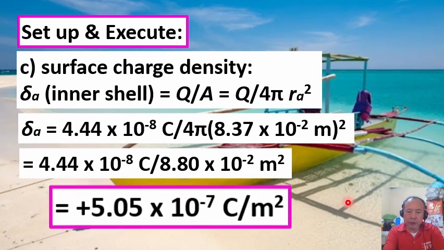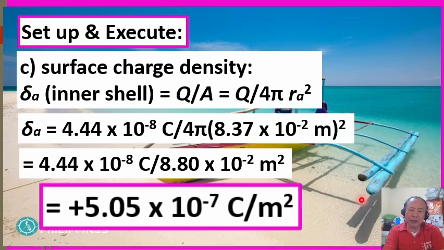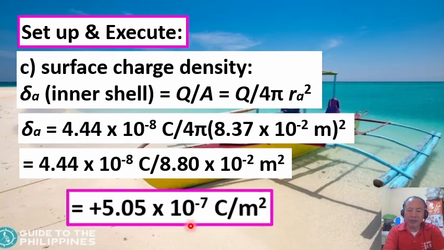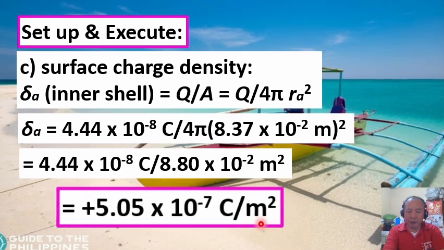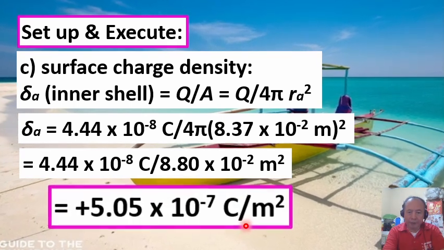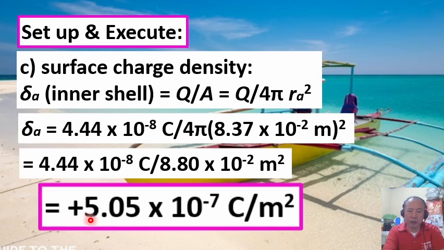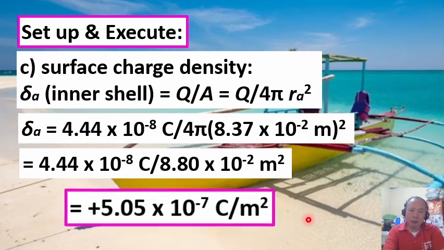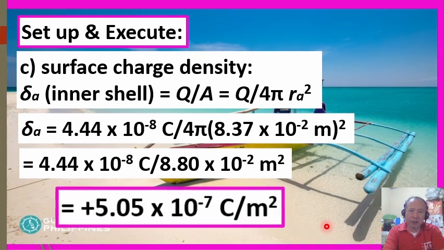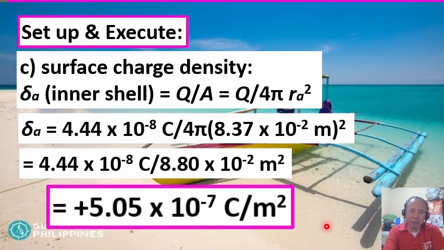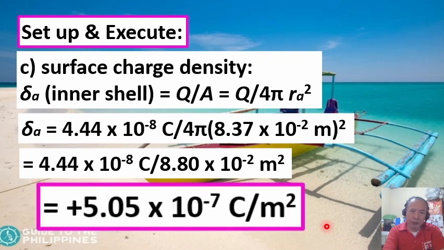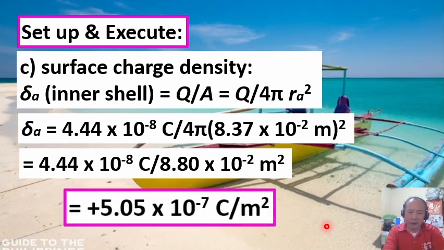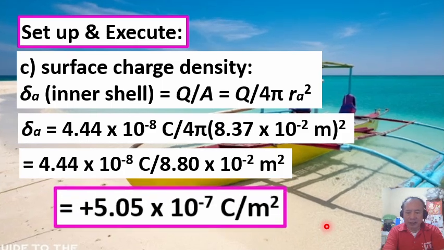Or, that is, delta sub A equals positive 5.05 times 10 to the negative 7 coulomb per meter squared. It is positive because, as specified in the problem, the charge that is distributed in the surface of the inner shell is positive.